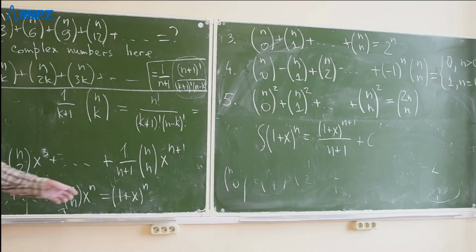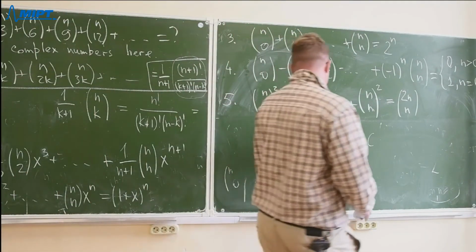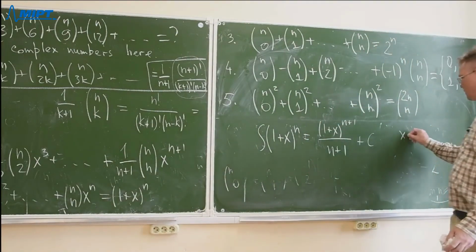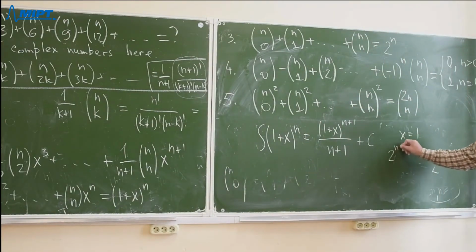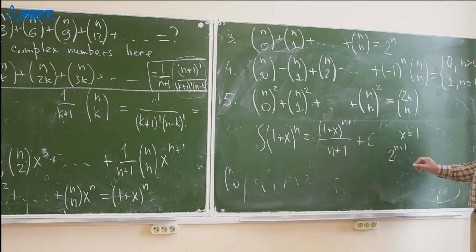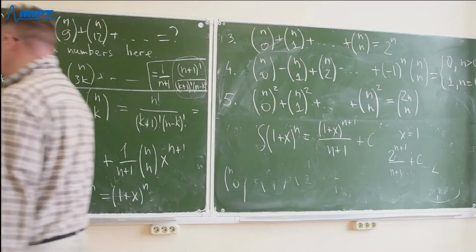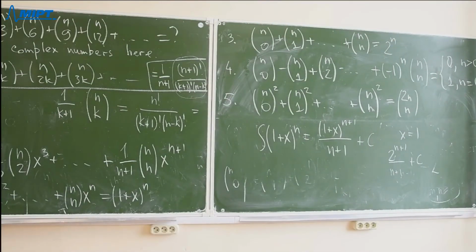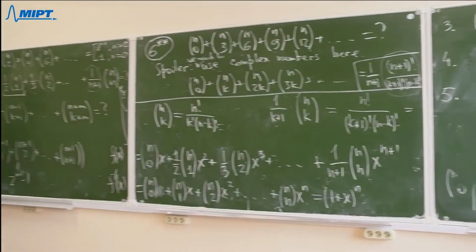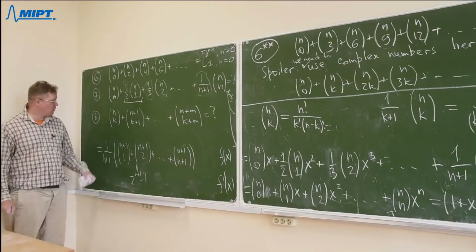I take x equal to 1 and have 2 to the n plus 1 over n plus 1 plus some constant. We find the constant if we take x equal to 0. This will be minus 1 over n plus 1.